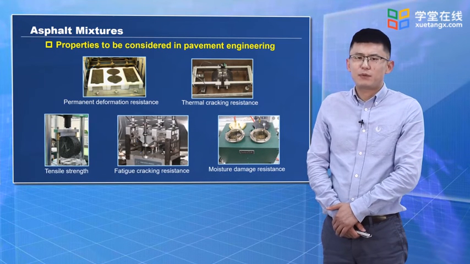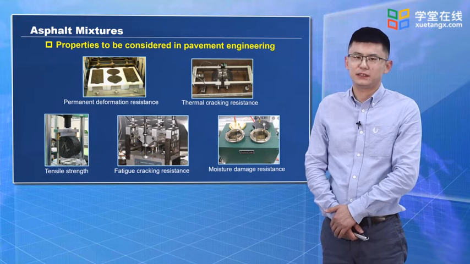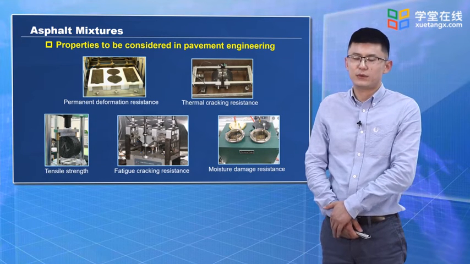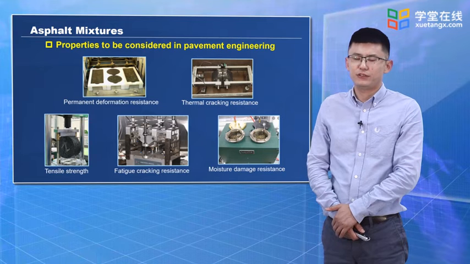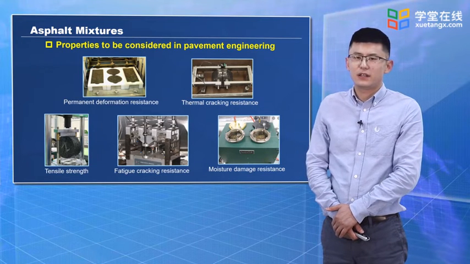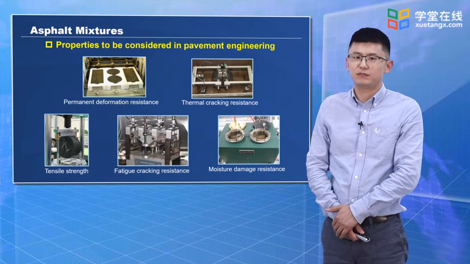And some other properties, for example the tensile strength, it is of course very important, right? It is the main strength. And also the fatigue cracking resistance, because if we apply the asphalt mixture on the road, the asphalt pavement is under repeated traffic loading, so we need to evaluate the fatigue performance.